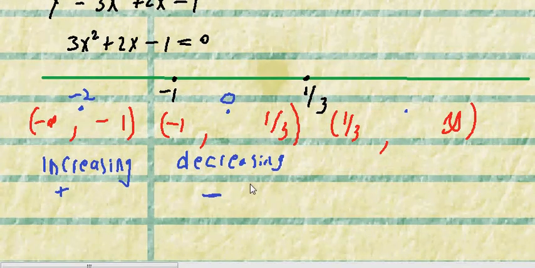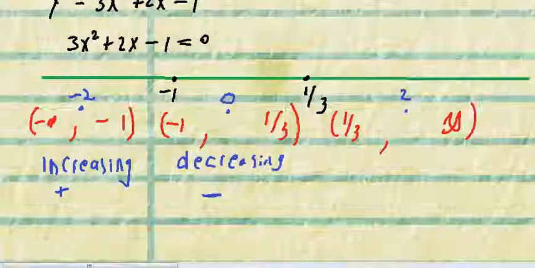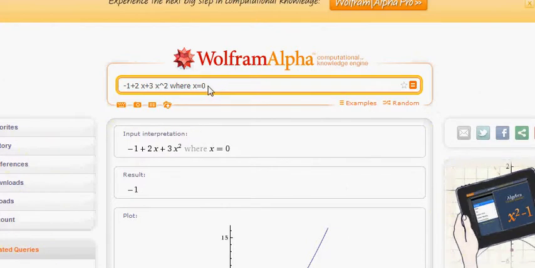And the next step is to choose a point inside the interval between 1/3 and infinity. Here, I guess I could choose the number 2. I could choose the number 5, 7, 8, any number you wish. But I'm choosing the number 2. So I'm going to go back here and type x equals 2. Let's see what happens.